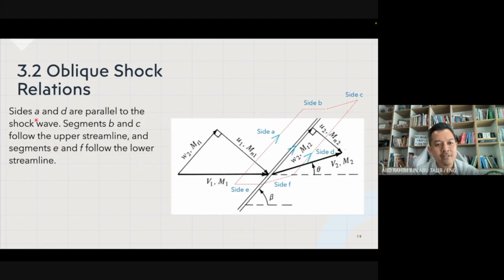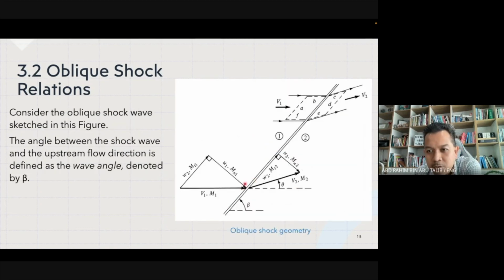Sides A and D, so we have side A and side D over here, are parallel to the shock wave. Because this is being enlarged, we are now considering this particular position, so we just want to enlarge it.